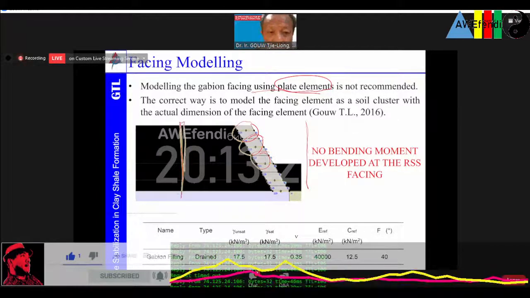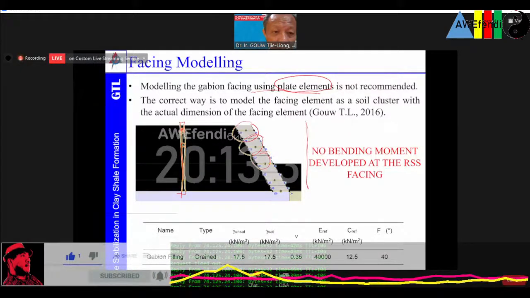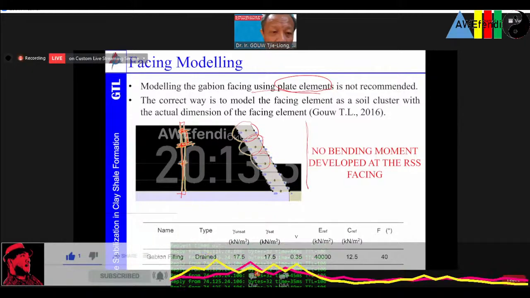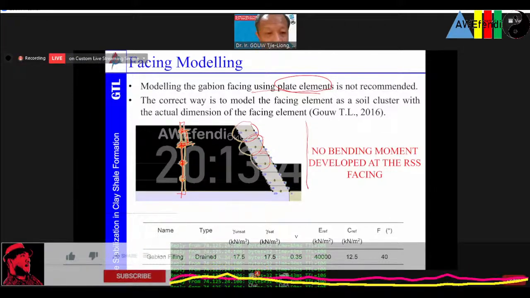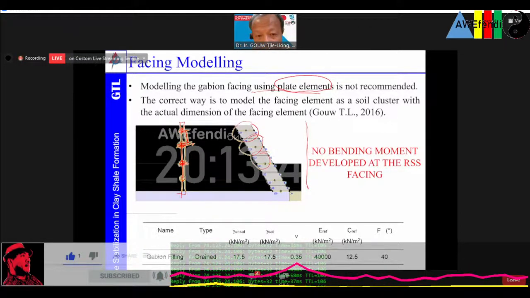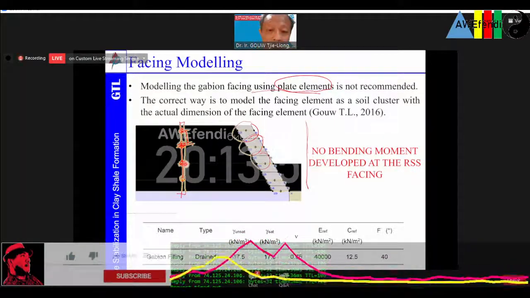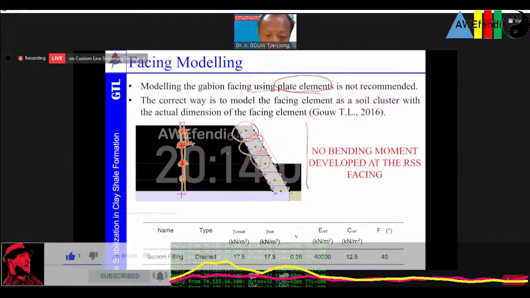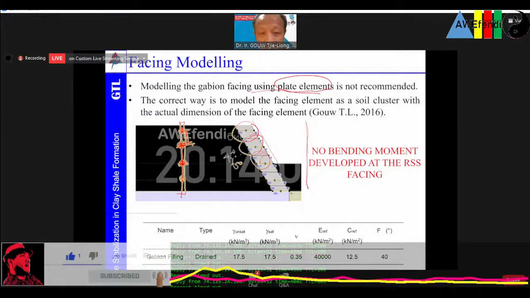But on every module of the facing, it is concrete, so you have to put a hinge over here so that it can freely rotate. There is also an option in Plaxis where you can put it as free. But this is an inclined wall, about 45 to 70 maximum height. The maximum slope we designed at that time is around 60, if I'm not mistaken.